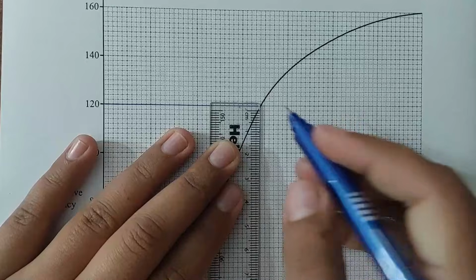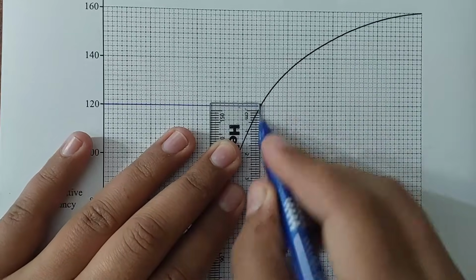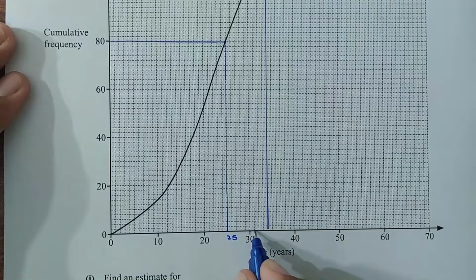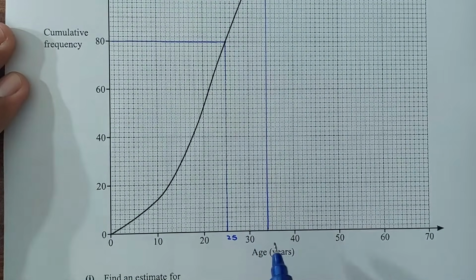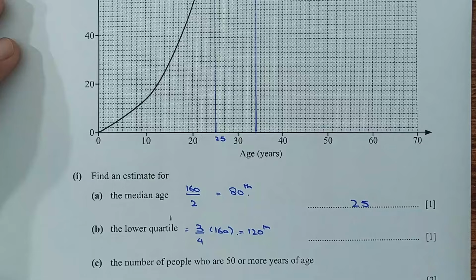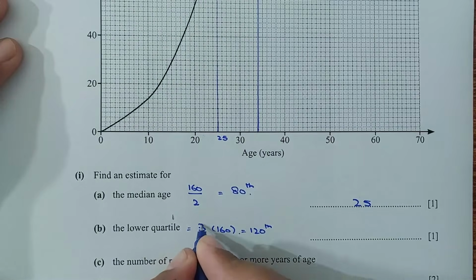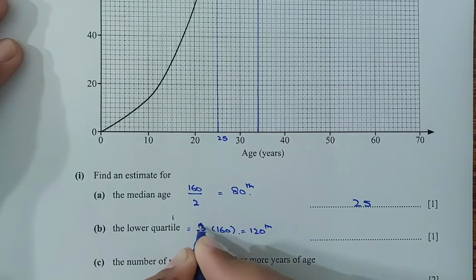What is the value corresponding to 120? That should be 31, 32, 33, and 34. Sorry, I messed up. The upper quartile is 3/4 of 160, but the lower quartile is 1/4.